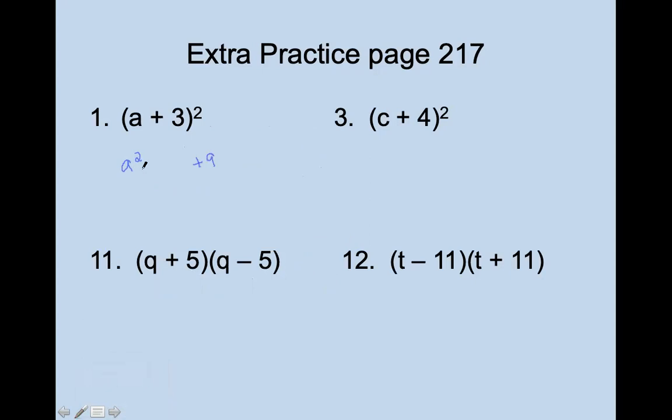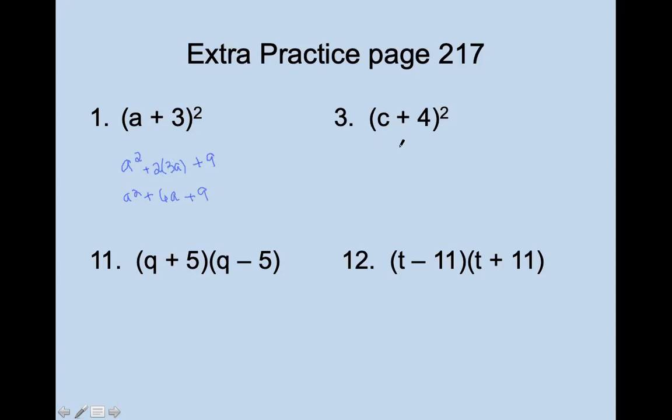And our middle term is formed with 2 times a times 3, or 2 times 3a. So our final answer is a squared plus 6a plus 9. Okay, so again, it's first term squared, a squared, last term squared, 9. Where does the middle come from? A times 3, double it. Okay, this is the doubling here, this 2.